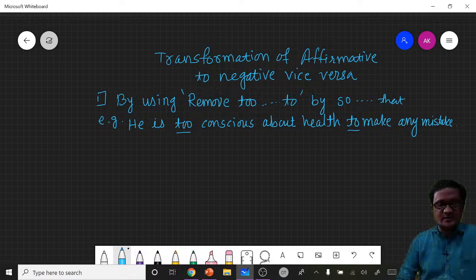We all know that during this corona situation we have to be very conscious about our health and personal health and hygiene too. So we cannot make the mistake.